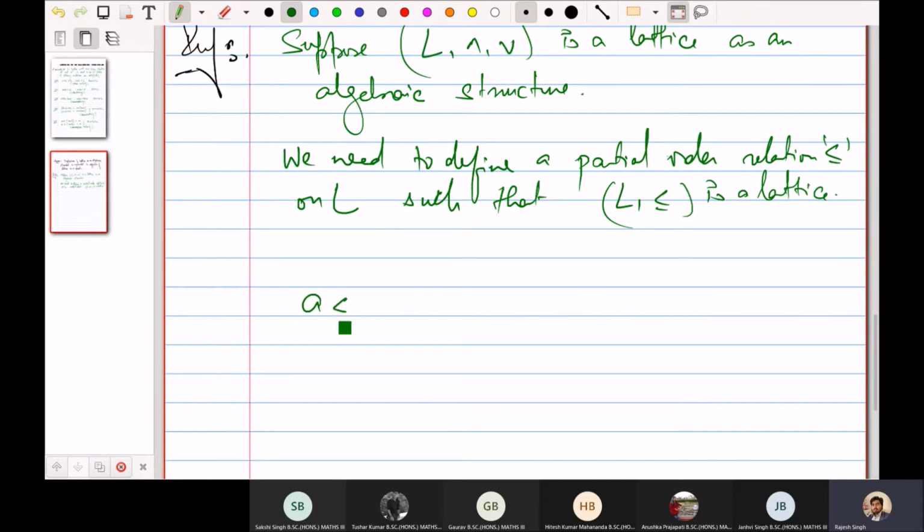A is related to B if and only if A cup B is equal to B and A cap B is equal to A. So we have to define it like this, because we have to define the partial order relation in terms of cap and cup. We also know that this is what we should define, because the supremum is our cup, so it comes out to be equal to B, and this A comes out. Okay, clear?